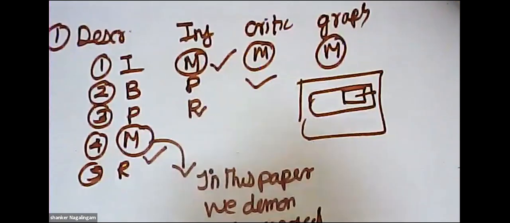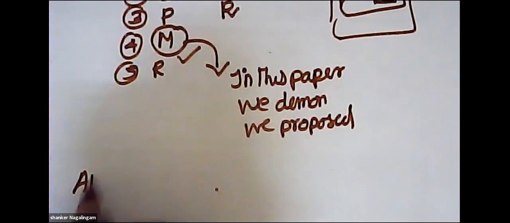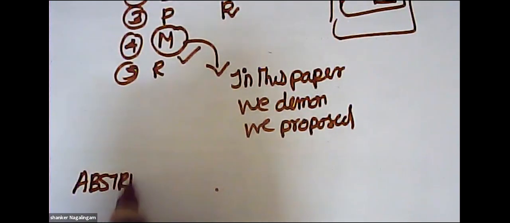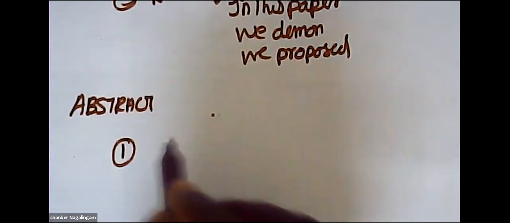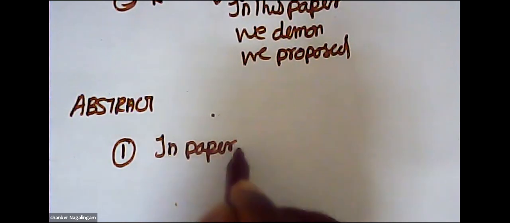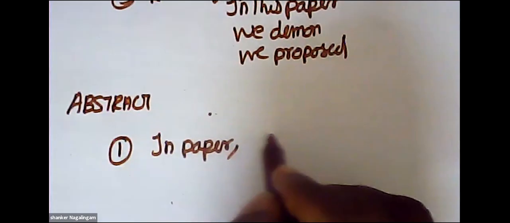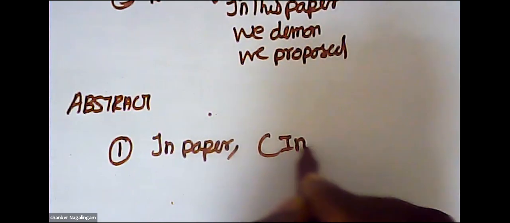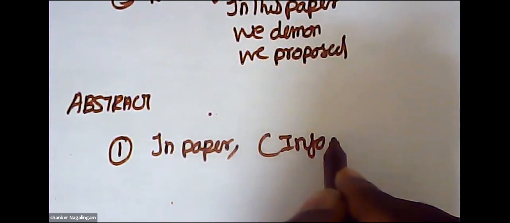When you take any abstract, if your first line itself says "in this paper" or "we propose", it comes into the category of informative abstract.